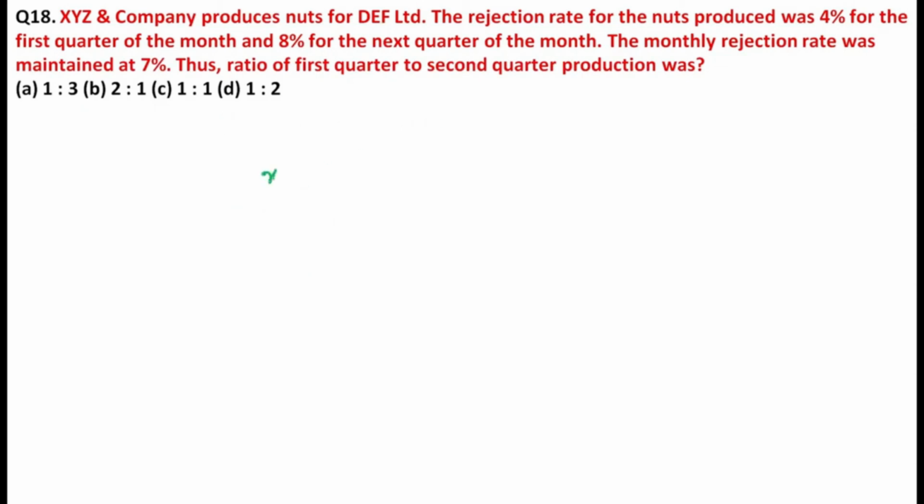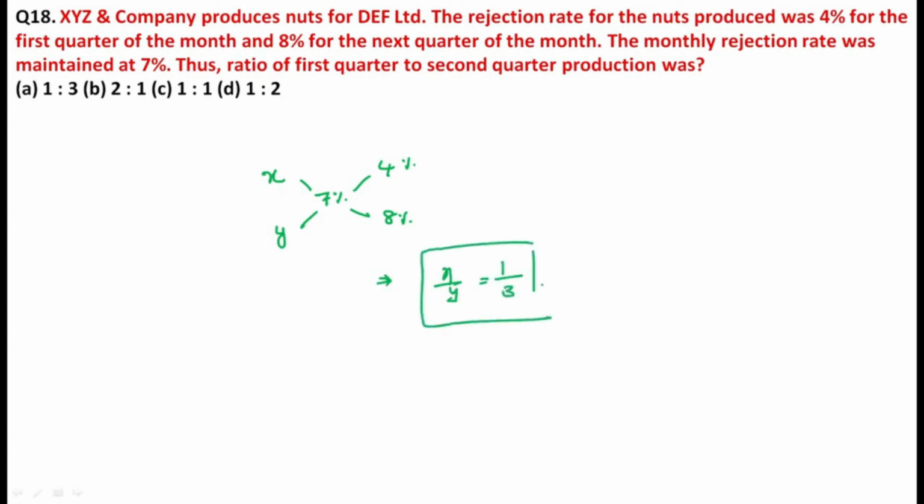For x units, the rejection percentage is exactly 4%. For the next quarter, y items, the rejection rate is 8%. The overall rate of rejection is 7%. Now x by y is equal to 8 minus 7, which is 1, over 7 minus 4, which is 3. So the ratio of both quarters is 1:3.